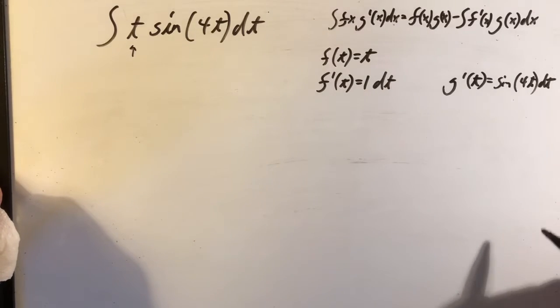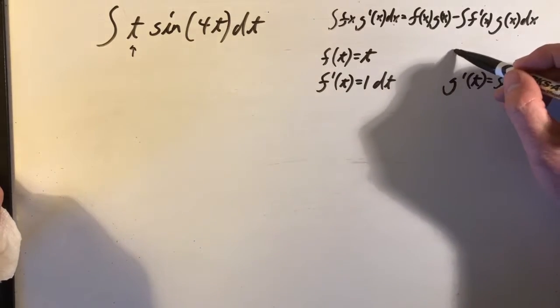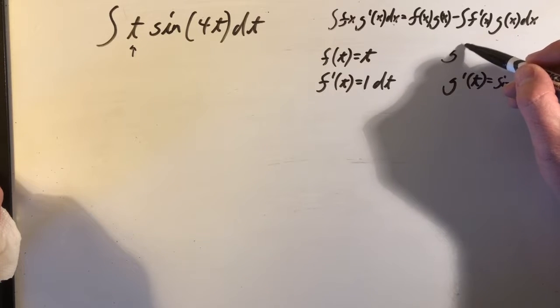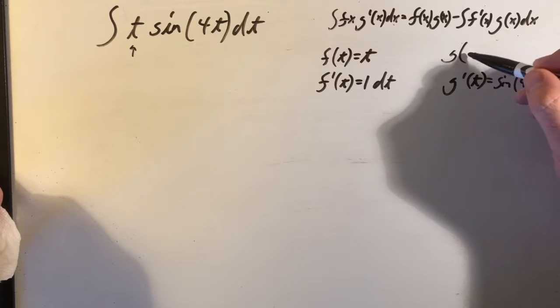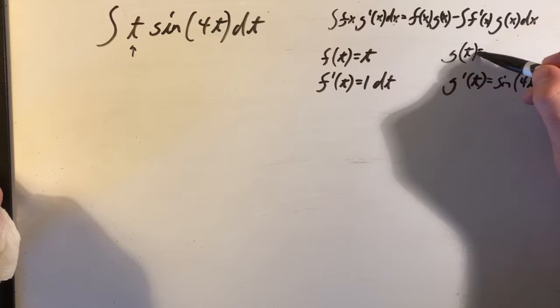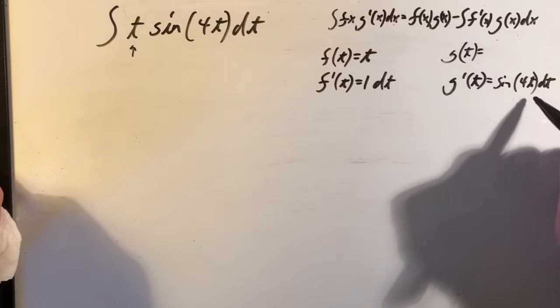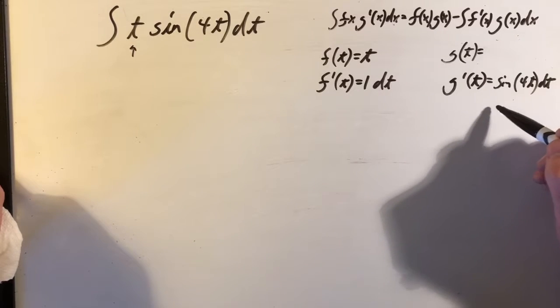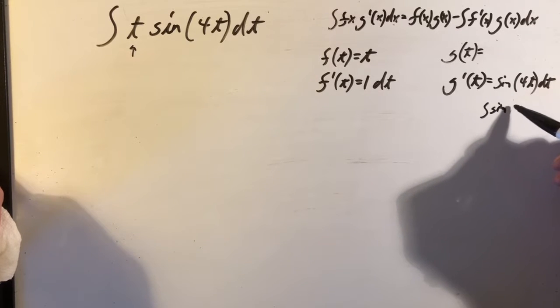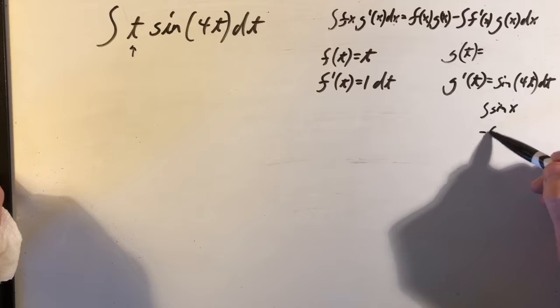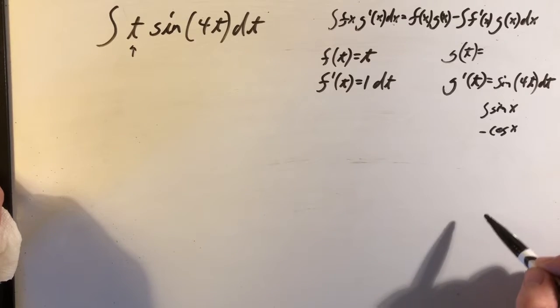Okay, and then I have to know what the integral of that is, and luckily it's a simple trigonometric function, so it's not going to be hard. So I'm going to actually get, let's see, the integral of sine x is negative cosine x.